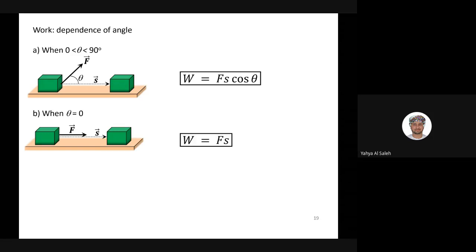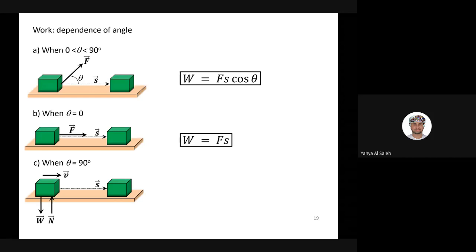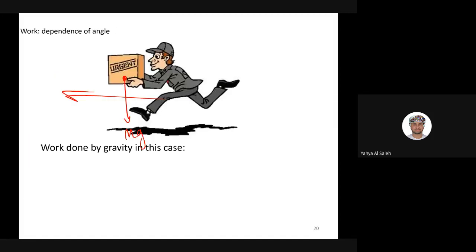Cosine 0 is equal to 1, so I get my maximum work, which is Fs. What about when theta is equal to 90 degrees? So my block is moving to the right, but my forces are up or down. What amount of work is that force doing? 0. Cosine 90 is 0, so that thing is not doing any work.